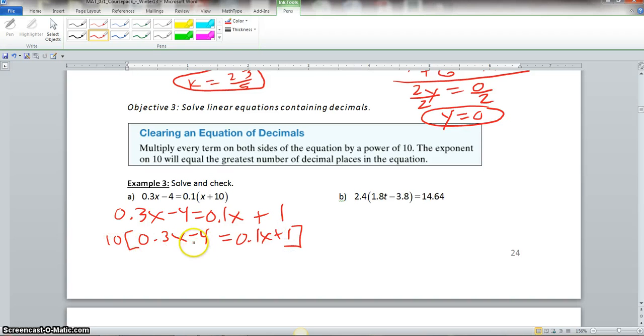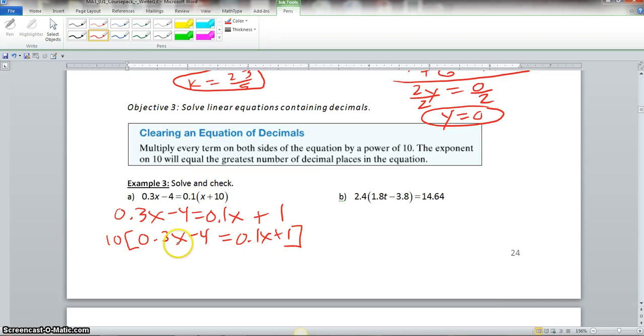Now we multiply everything by 10 because we look at the most amount of digits you have behind one of the decimals. You only have one digit. The greatest amount of digits you have behind the decimal is 1, so you'll multiply it by 10. If it was 2, it'll be 100. If it was 3, it'll be 1,000.